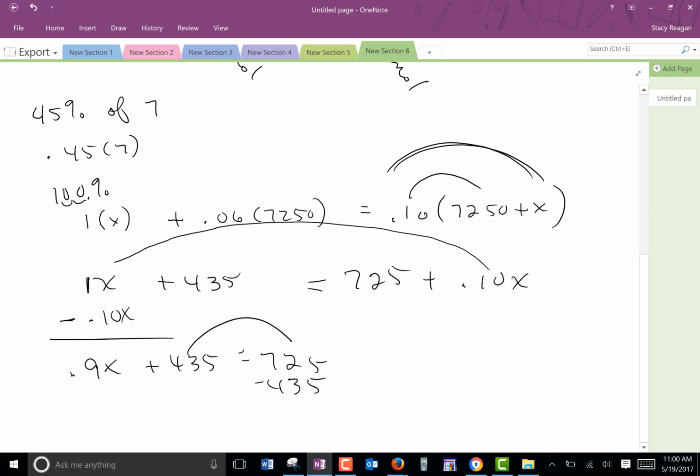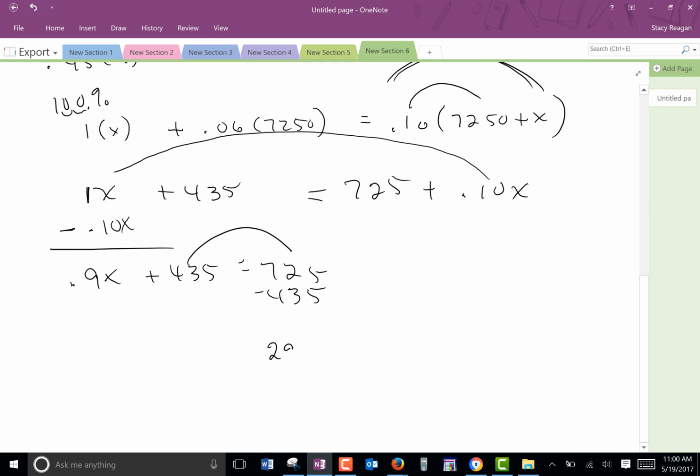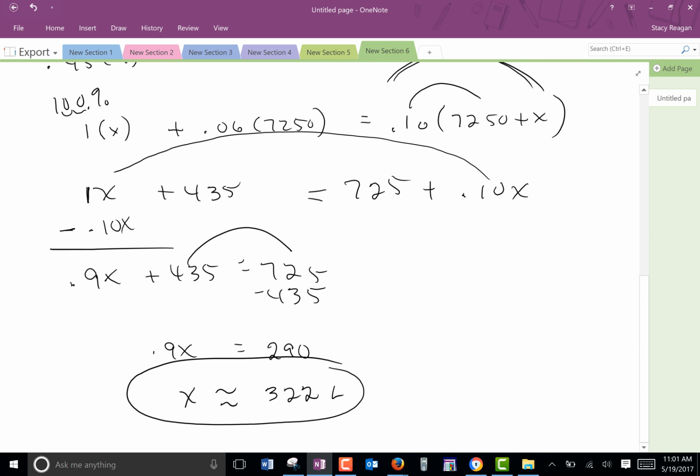So 725 minus 435 is 290. And then I'm going to divide both sides by 0.9. So 290 divided by 0.9 comes out to 322.22. So I'm going to put these squiggly equal signs to show you that I've rounded. So 322 liters is what I would need to mix with it in order to get that.